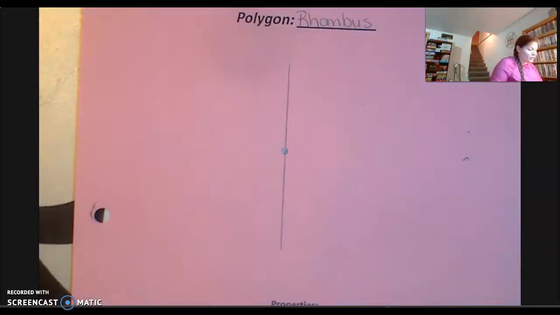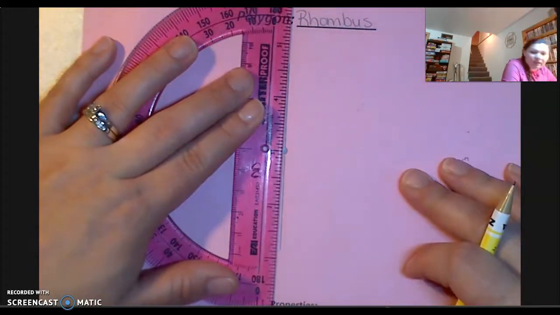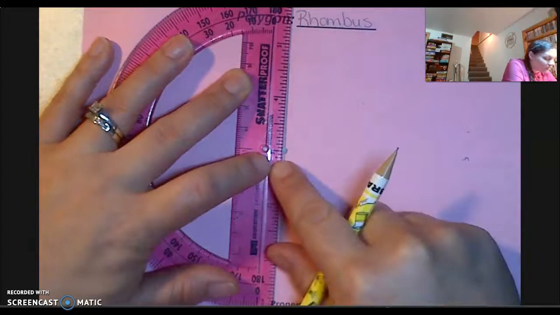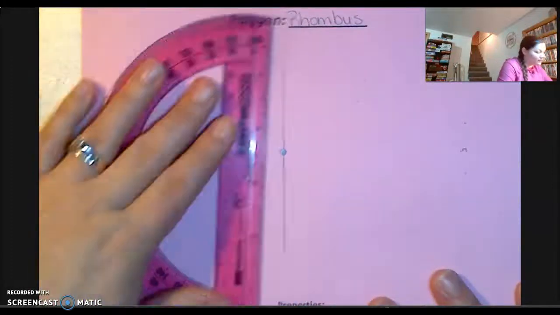The next thing I'm going to do is line that point up in the middle of my protractor. That point is at the number 3, so that's at 3 inches.